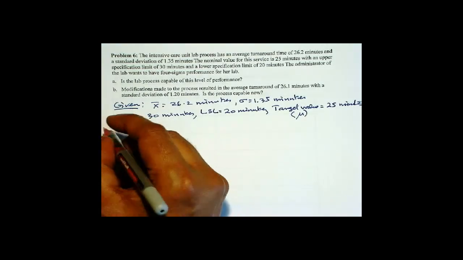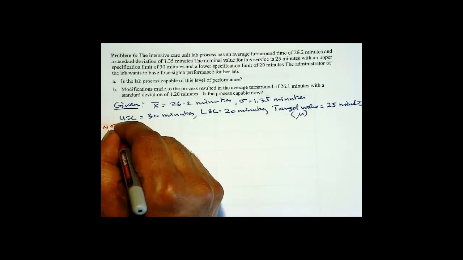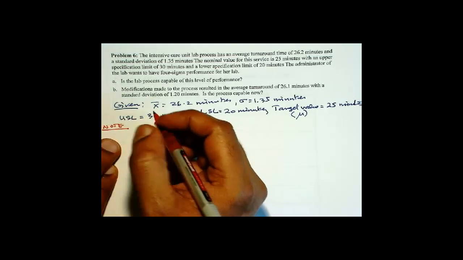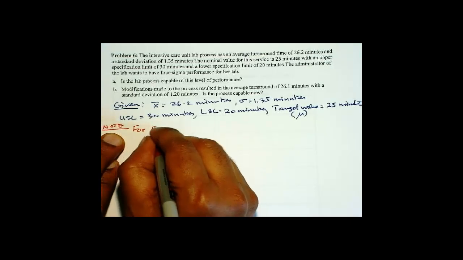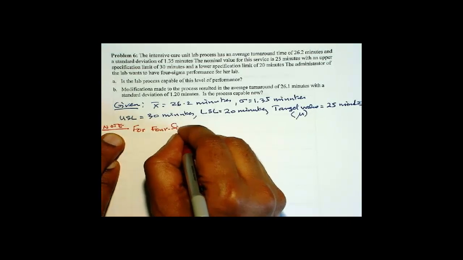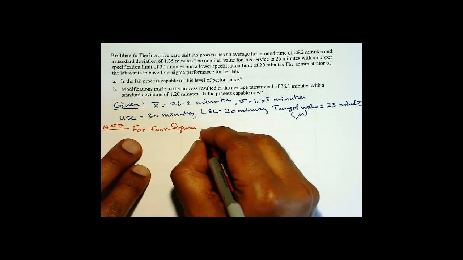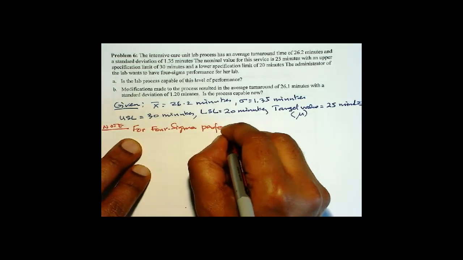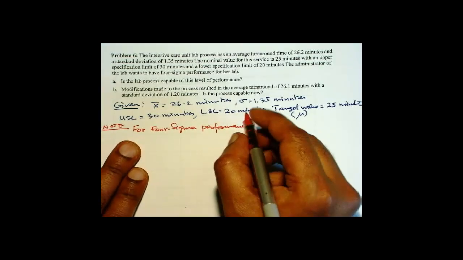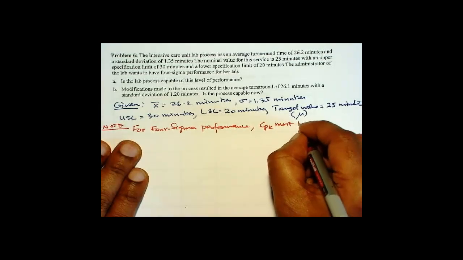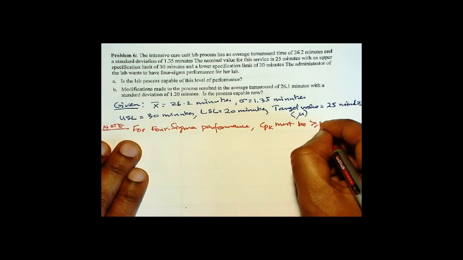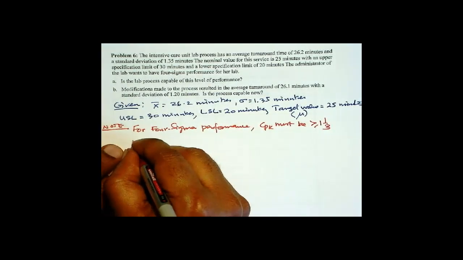Now the minimum value needed, so you note here, under normal circumstances, which corresponds to what is called 4 sigma performance, C sub pk must be greater than or equal to 1 1/3. That is the normal performance.